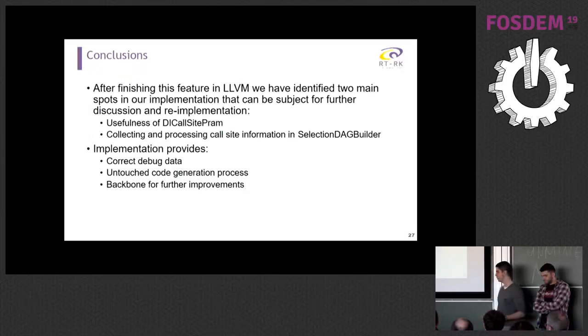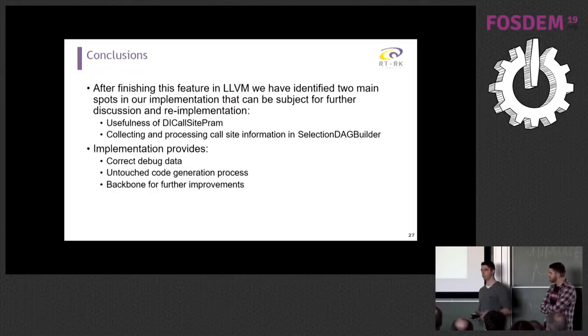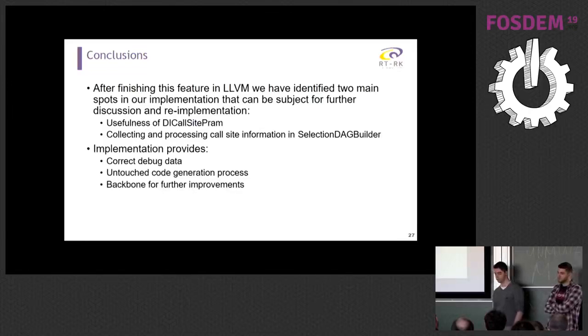It gives us improvement in parameter location coverage, and it provides new functionality in the debugger. It provides function entry values, and these entry values in the debugger clearly provide a better user debugging experience in programs produced with LLVM.